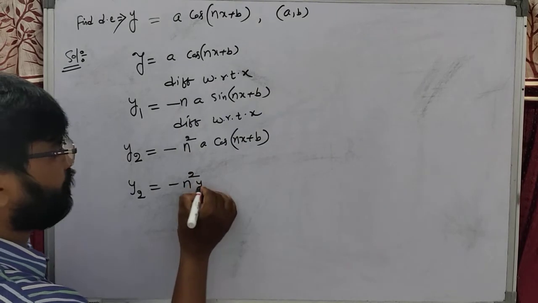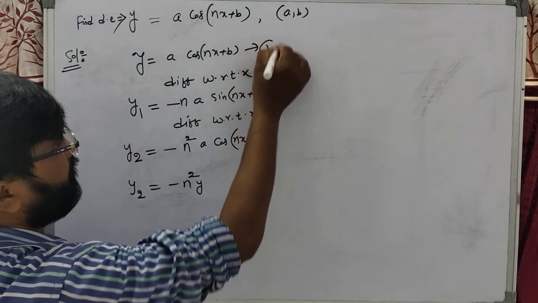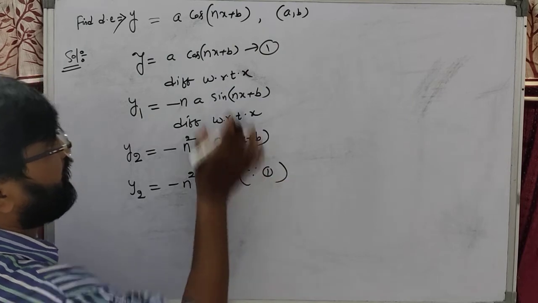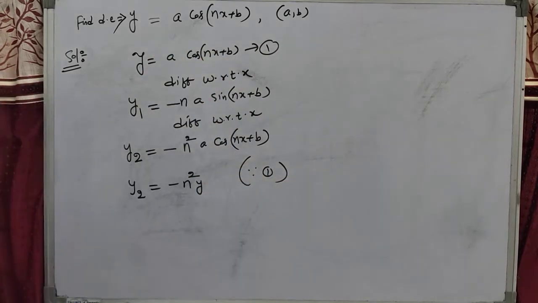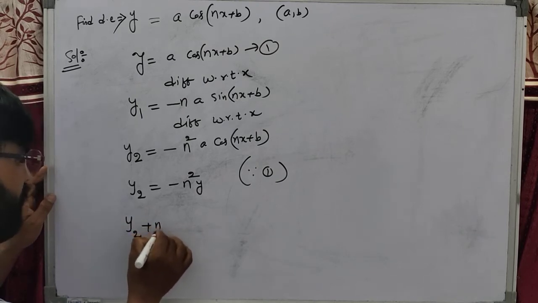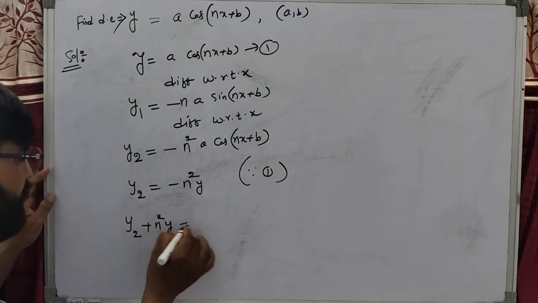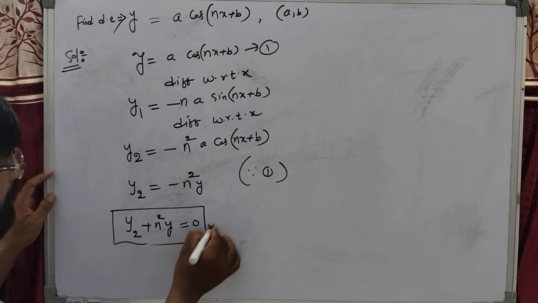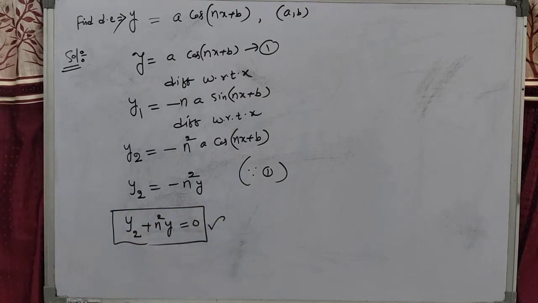Call this equation 1. From equation 1, a cos nx plus b is y. Therefore we can write y2 plus n square y equal to 0. This is the required equation.